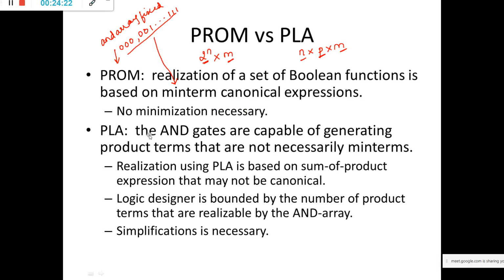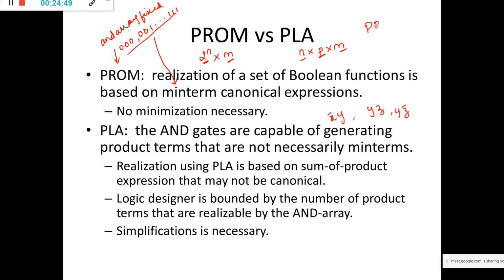In PLA what happens? The AND gates are capable of generating product terms that are not necessarily minterms. Minterms means all the variables should be present. So the PLA can also generate x bar y, y z, y z bar.